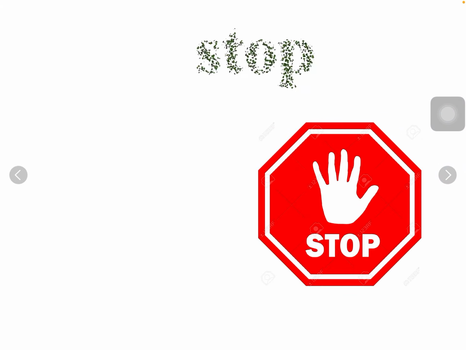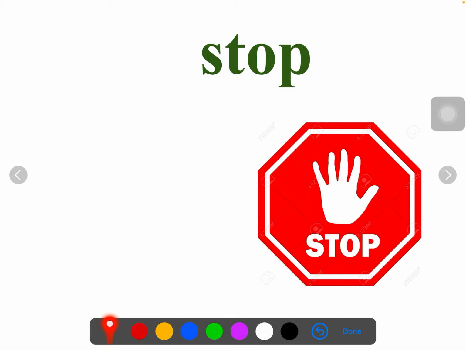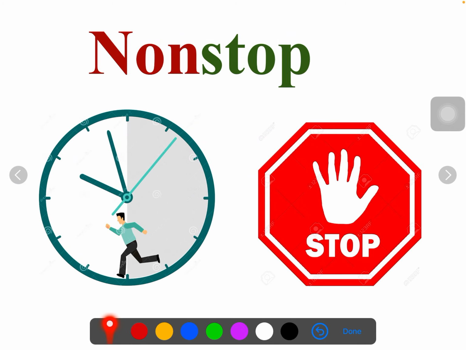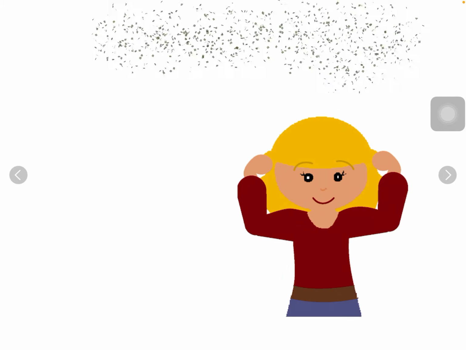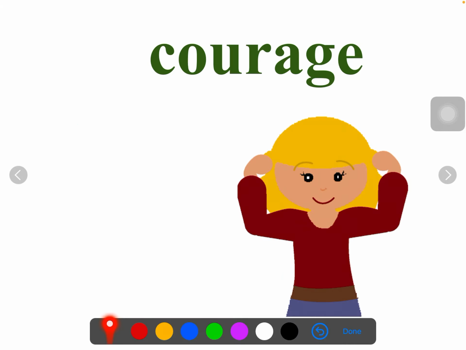As you see in the picture, the word is stop. You know what it means? Stop. But by adding the prefix non, it will be nonstop, meaning walking, moving without stopping. That's it. And we have courage.